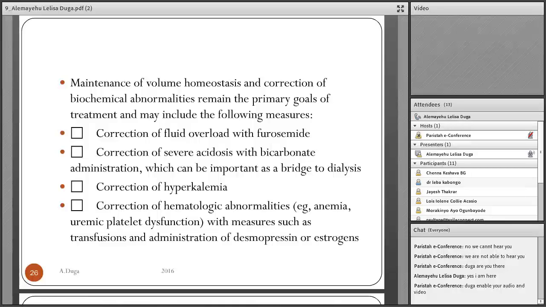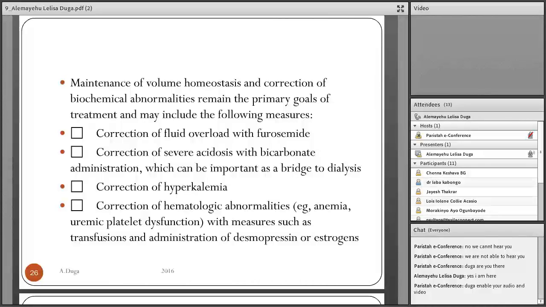Maintenance of volume homeostasis and correction of biochemical abnormalities remain the primary goals of treatment, and may include the following measures: correcting fluid overload with furosemide, that is a loop diuretic. Especially AKI patients will have edema around the extremities and in the peritoneal cavity, so treating with furosemide will be a very good treatment option. Correction of severe acidosis with bicarbonate administration, usually because of the retention of acidic byproducts.